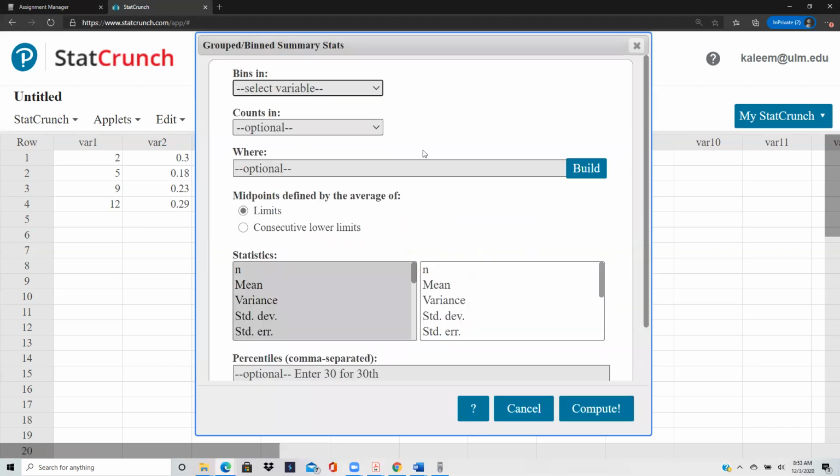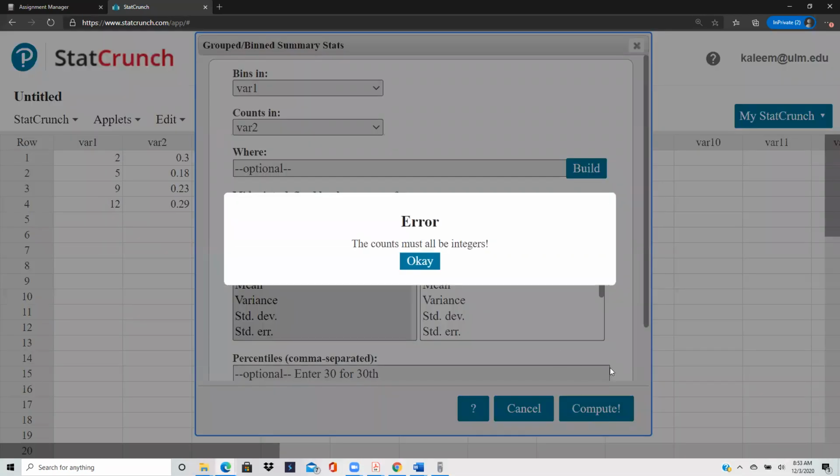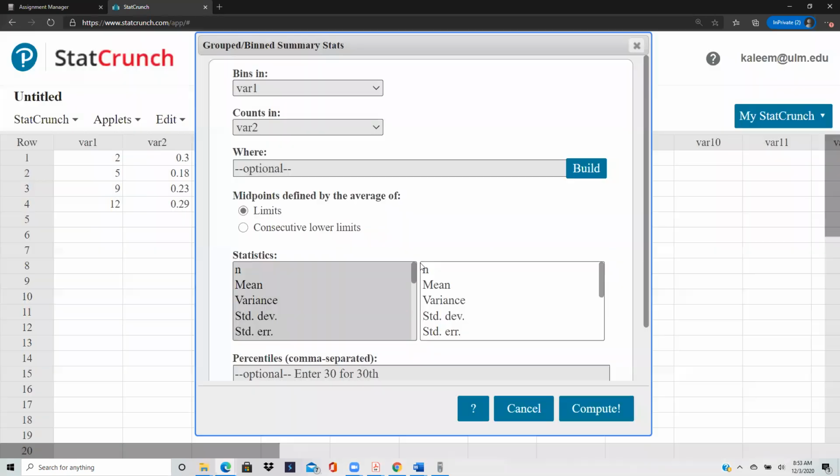Let's try doing it. Let's hope they've corrected it. But the last time I saw, it wanted variable 1, count in variable 2. And the last time I did, it gave an error. So it's not that you would get a wrong answer. You will just know that you have to find another way to do it, right? Okay.